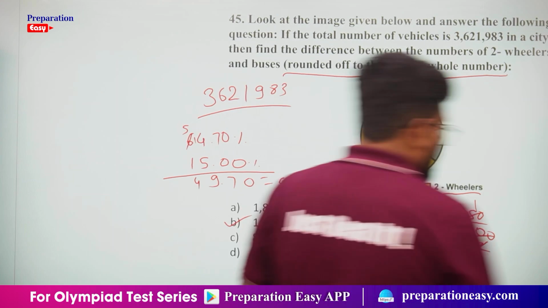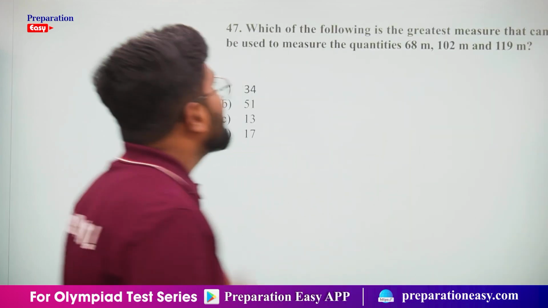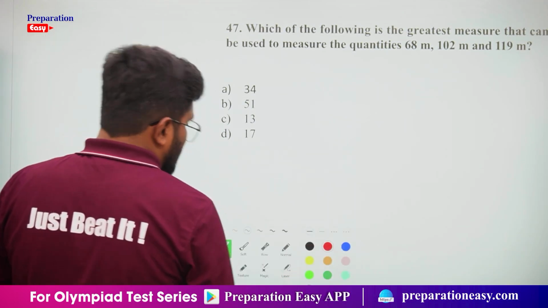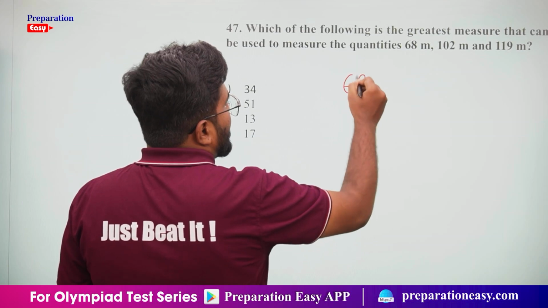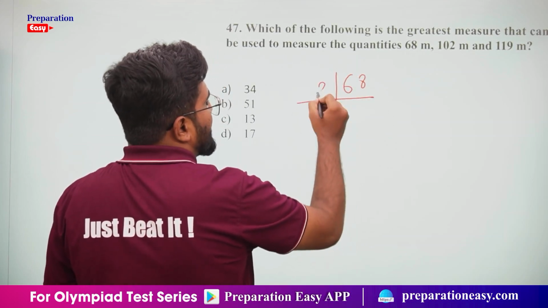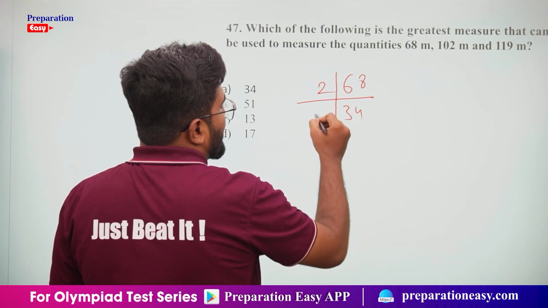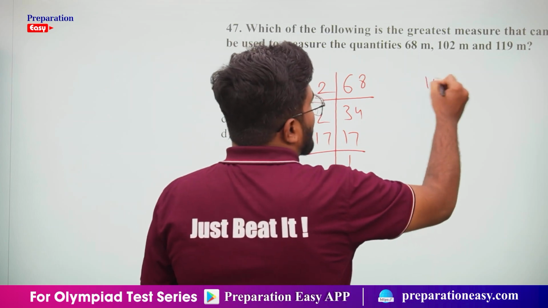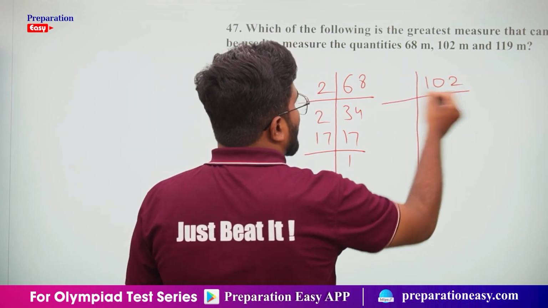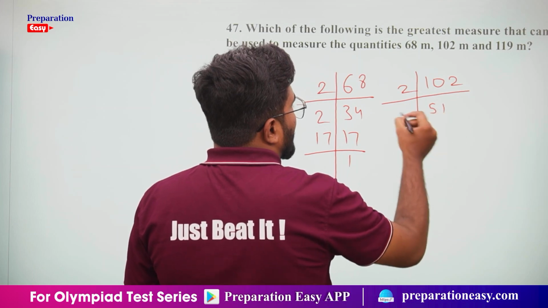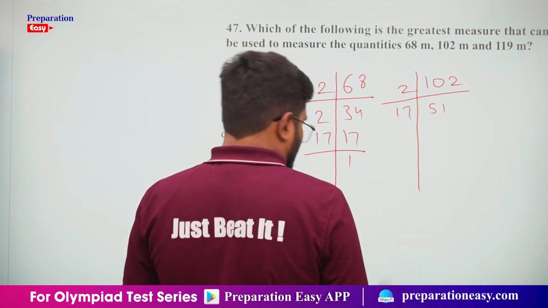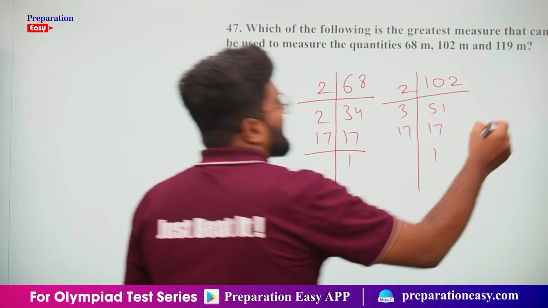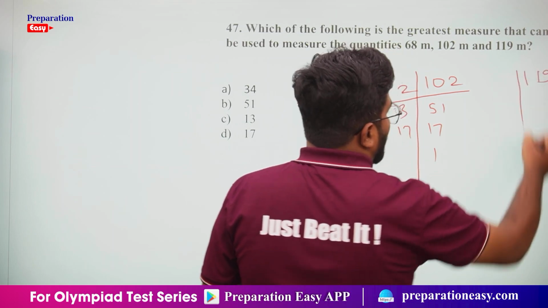Next question: which of the following is the greatest measure that can be used to measure the quantities? Prime factors of 68 are 2, 2, 17.